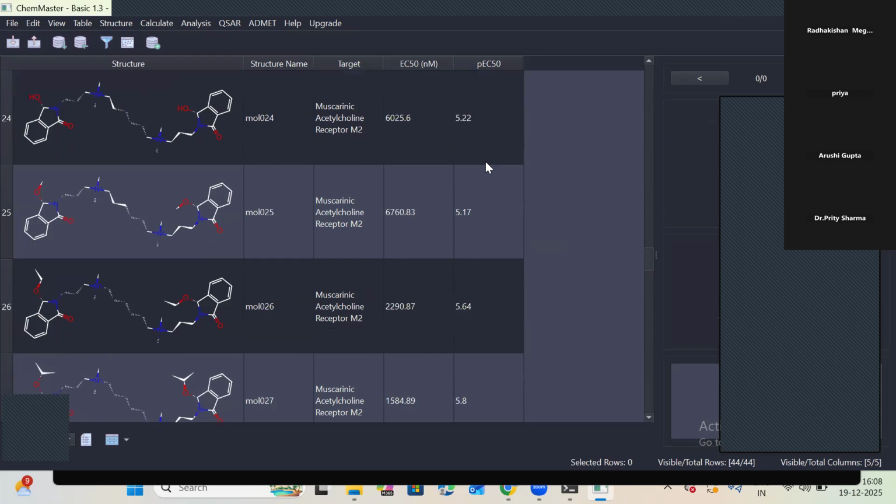Now we have converted the data into log scale activity. Now we're going to move to the second step, that is adding molecular descriptors, which is an important step in QSAR modeling.